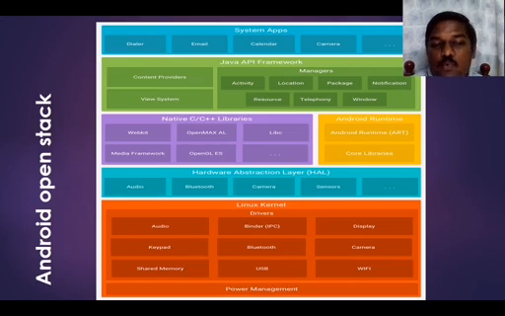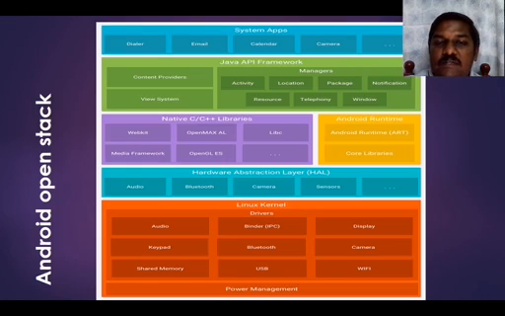Now we move on to the Android Open Stack. Each and every Android device which has the OpenStack platform functions based on the OpenStack. So it is divided into 6 categories.